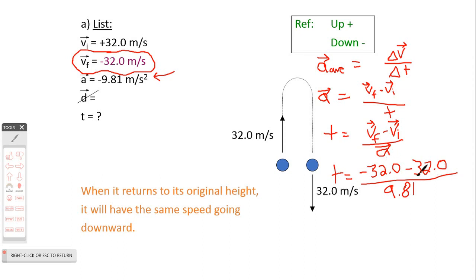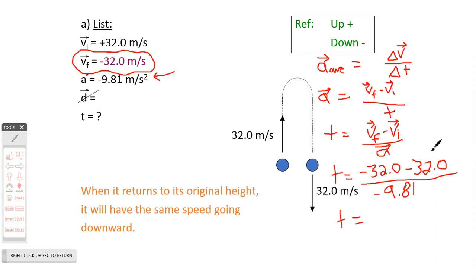My time then is equal to, final velocity is negative 32. Oh, that's an interesting negative. Negative 32.0 minus my initial velocity, so minus 32, all divided by my acceleration, which is 9.81.